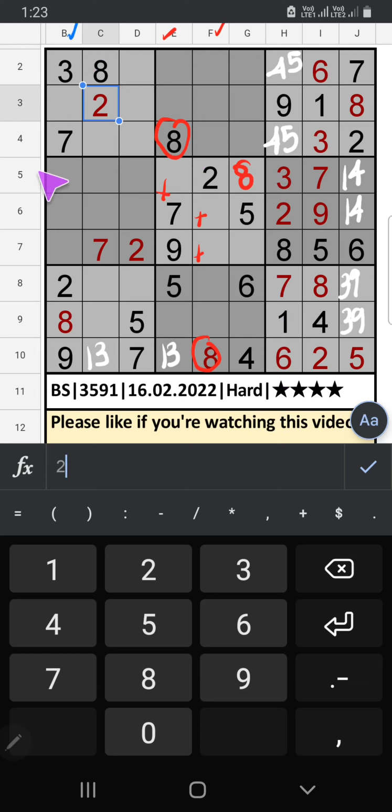Column B, 5th row we have pair numbers 8 and 3. 8 and 3 can't come in these cells, it will come in any one of the cells. Column C we have 8, so 8 can't come in this cell, 8 is confirmed here, then 3 is here. Since 3 is here, so 3 can't come in this cell, 3 is confirmed here, then 1 is here.